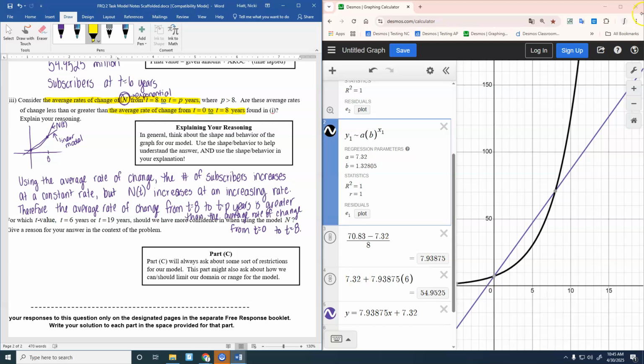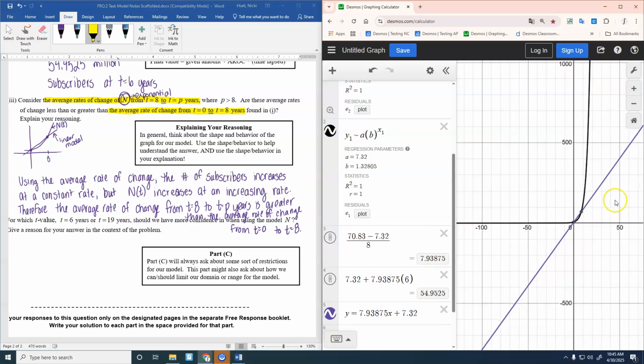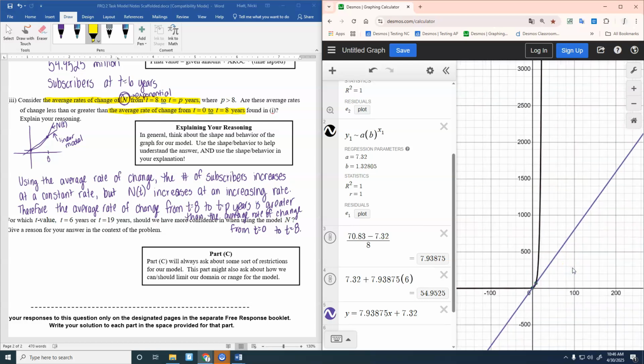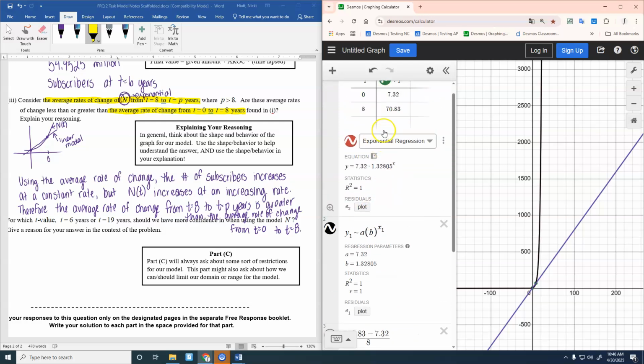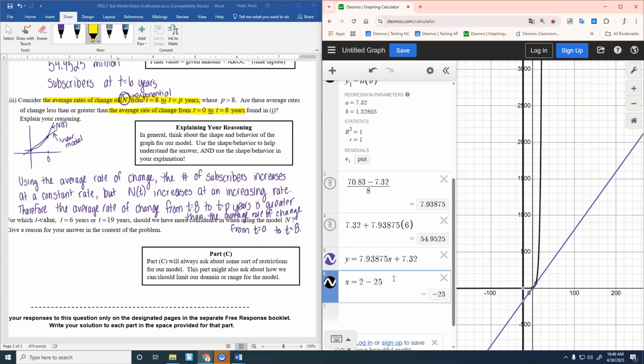Okay. Do you guys think that Netflix subscriptions are going to continue to do this forever? I wonder what it would be if we're in 2025 minus 2007.